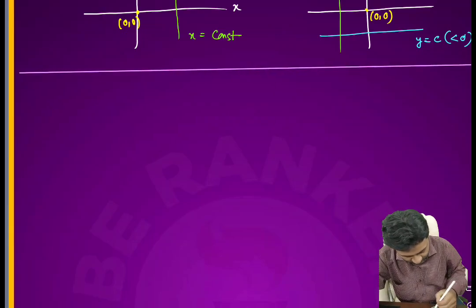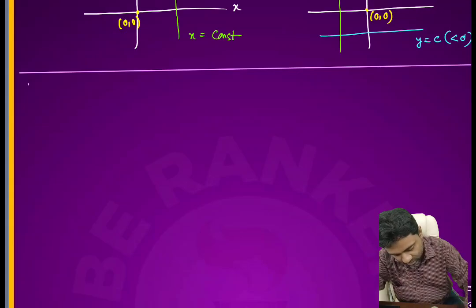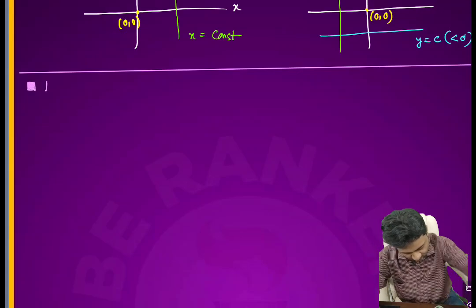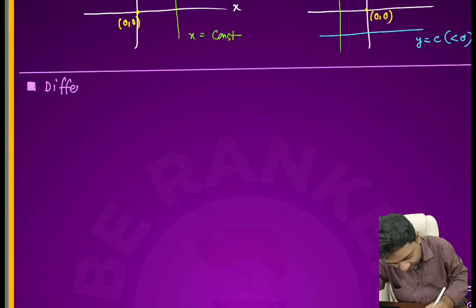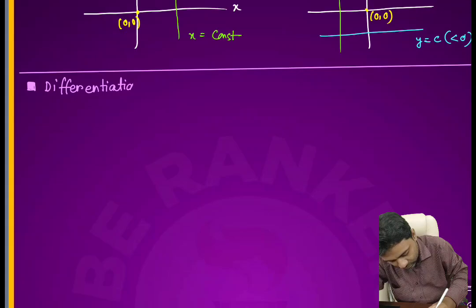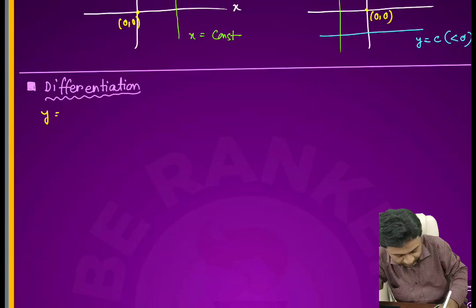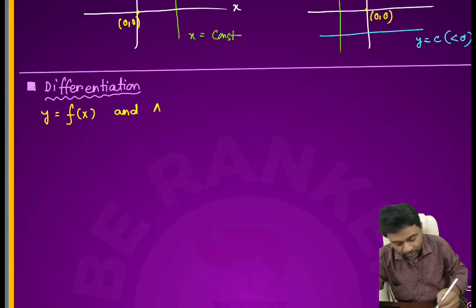Now, we have to learn a bit of calculus before we start analyzing problems of physics. First, let's take a look at the differentiation process. You know the basics, although. What is differentiation? You know the deal.